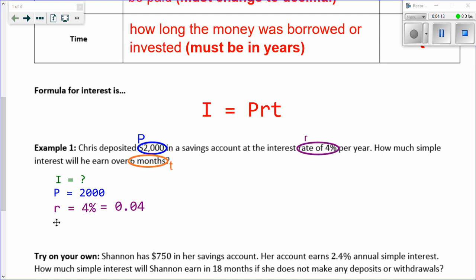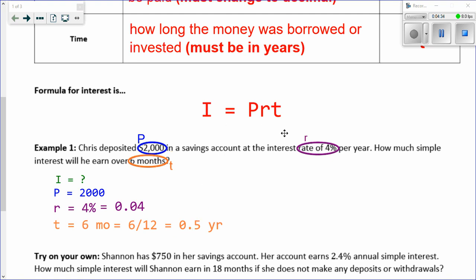Okay? And time is 6 months, but again, I have to change that because we don't want months, we want years. 6 months is half of a year. So I just divide it by 12, and I get 0.5. Anytime they give you months, if you just divide it by 12, you'll get how many years. Okay? So I'm going to use 0.5 years.